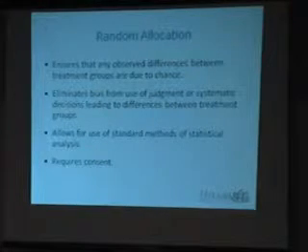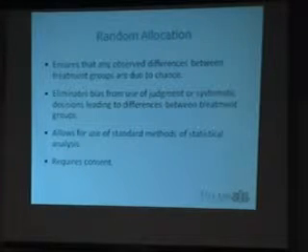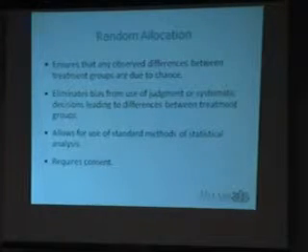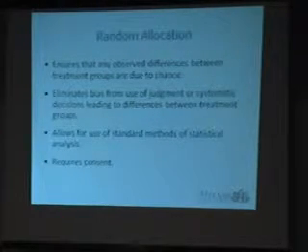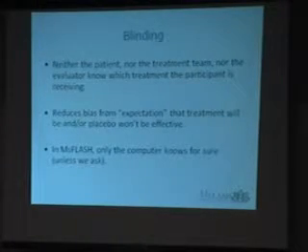It eliminates bias from use of judgment or systematic decisions that might lead to differences between the treatment groups. And it allows for use of standard methods of statistical analysis, and it requires consent. So you'll be consenting these women to accept randomization within a trial, whatever they should be assigned to. And we won't even know what they're assigned to, but they have to be willing to accept randomization.